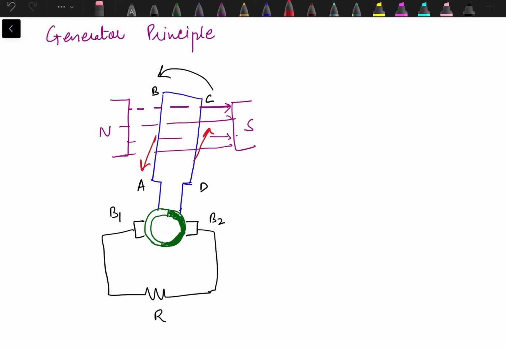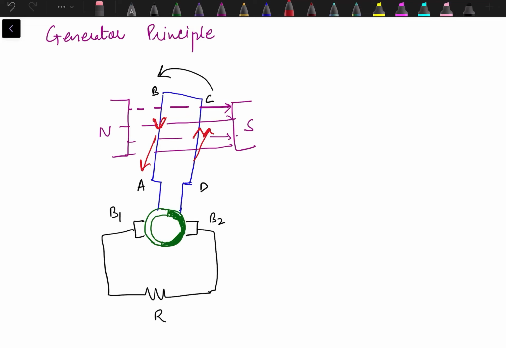So the direction of induced current will be towards the plane, or we can say it is flowing from D to C. And for conductor AB, the direction of field remains the same, and it is experiencing force in downward direction, so the direction of induced current will be from B to A. You can check the direction of these induced currents on your own by applying Fleming's right hand rule.